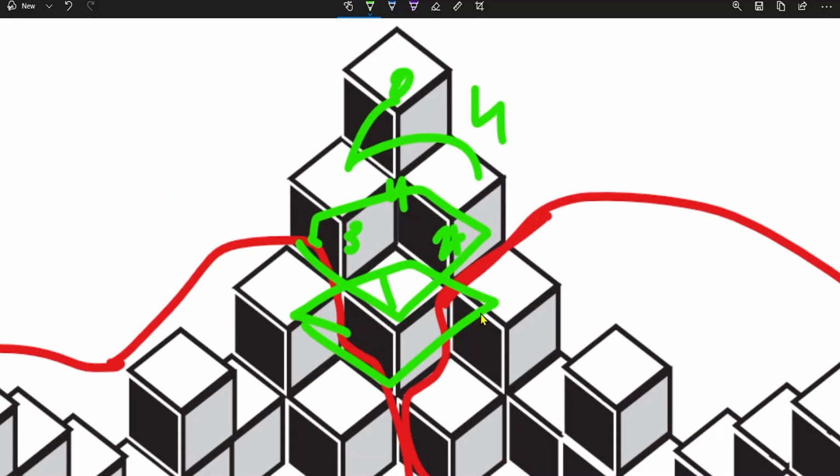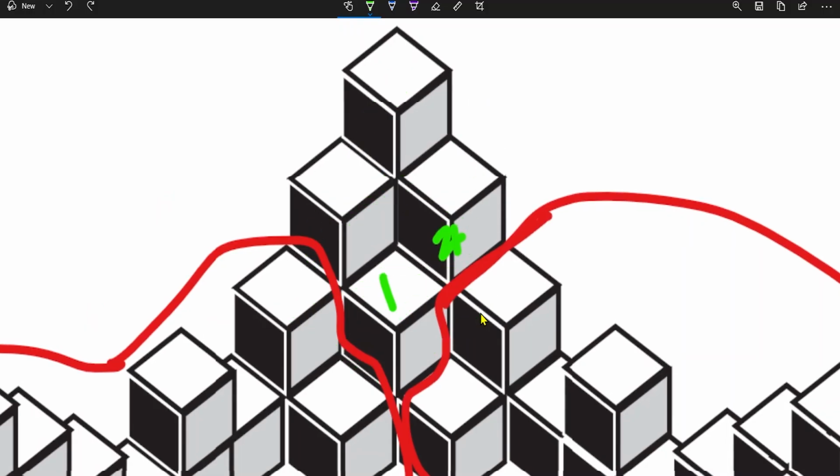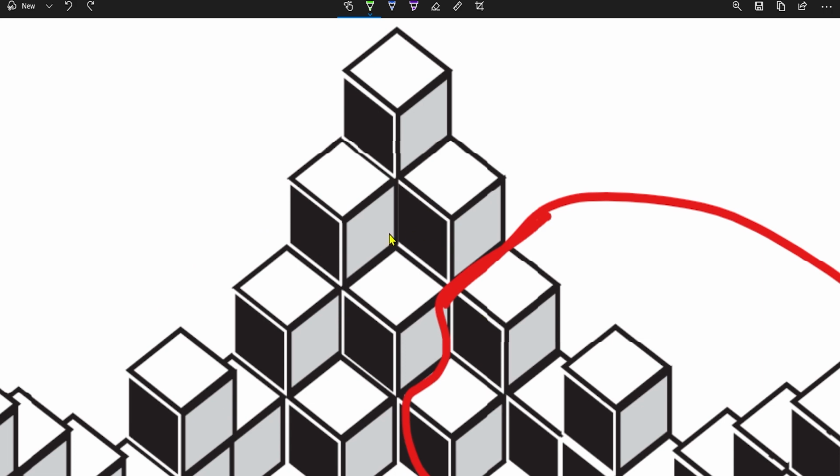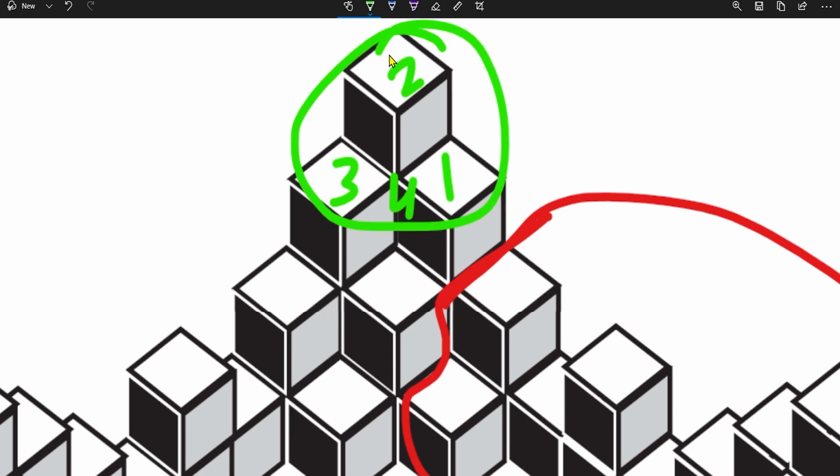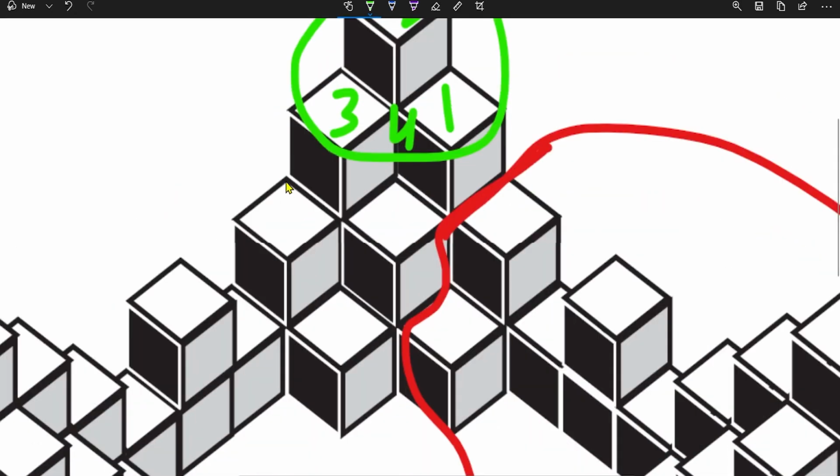Again, just to reiterate, on top over here we have this one, 2, 3, and 2 is sitting on one more, which is number 4, which covers these 4. Then you have this main base, this one.